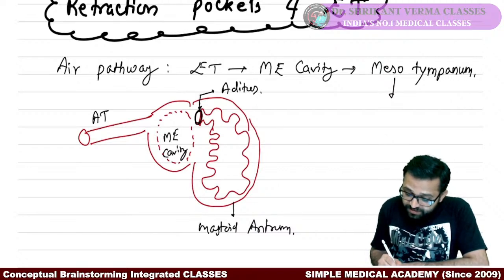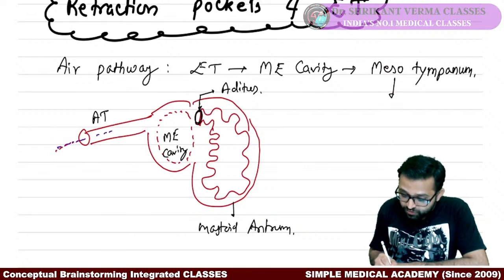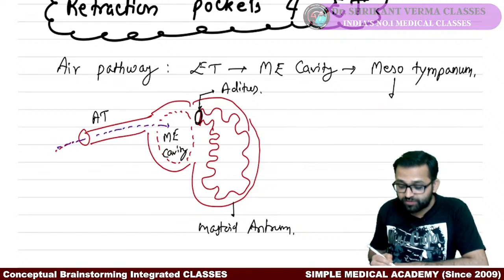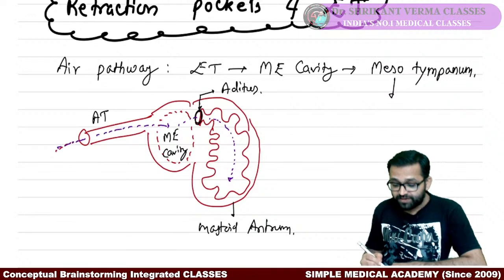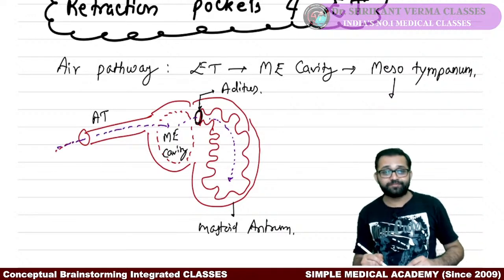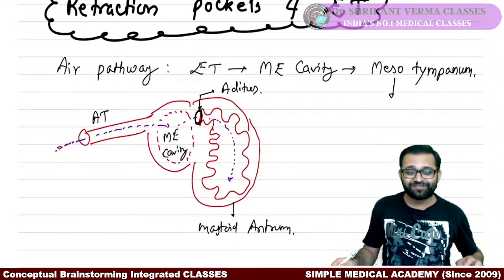So the air is coming from outside, reaching into the auditory tube and making aeration of the middle ear cavity. Then air enters through the aditus into the mastoid antrum. So this is the pathway of the air, and proper ventilation in the middle ear cavity is there.